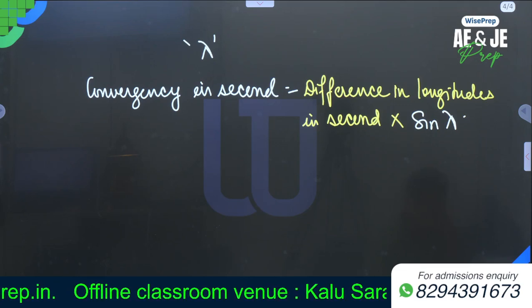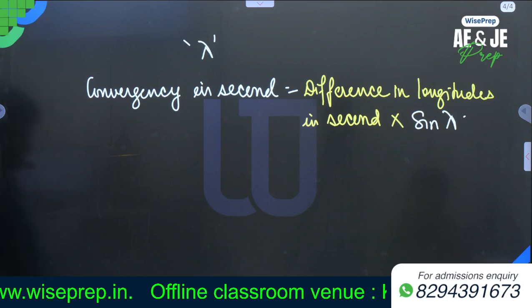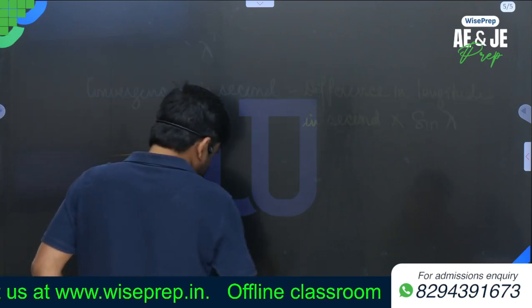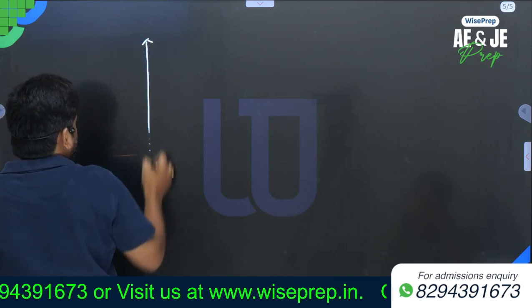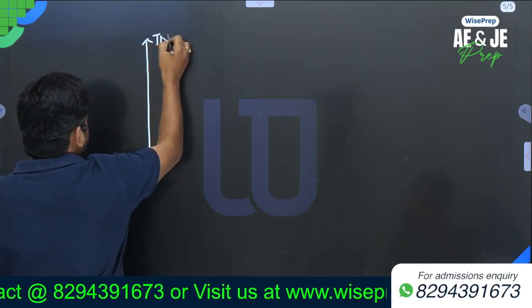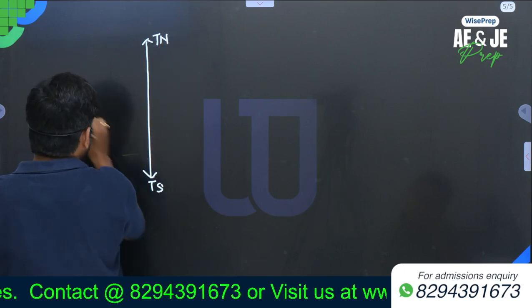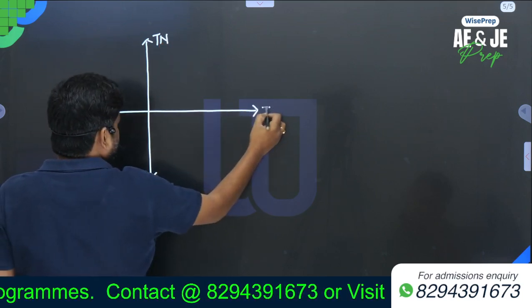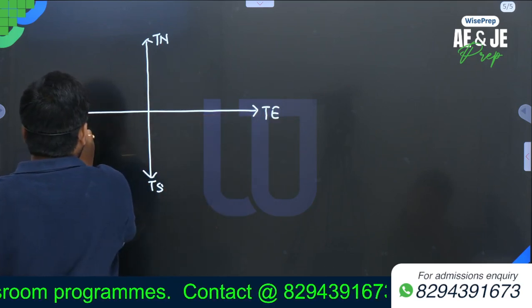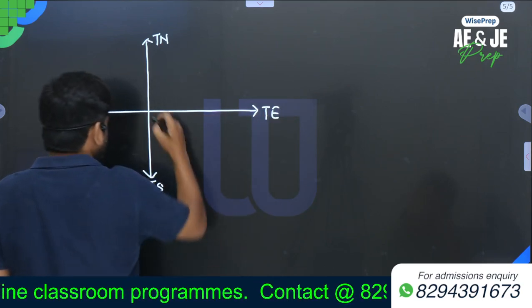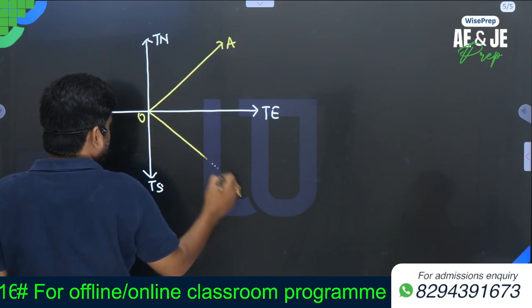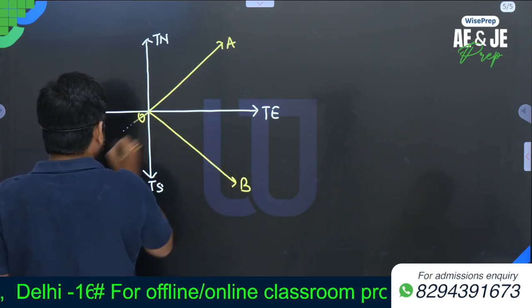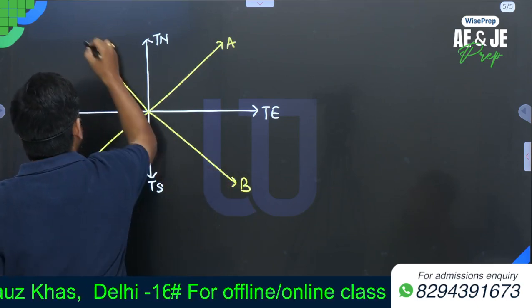Now, let's see here. Suppose this is true north, true south, true east, and true west. This is OA, OB, OC, OD.